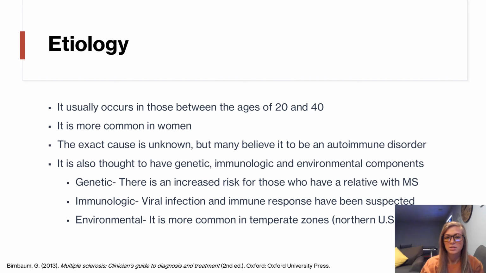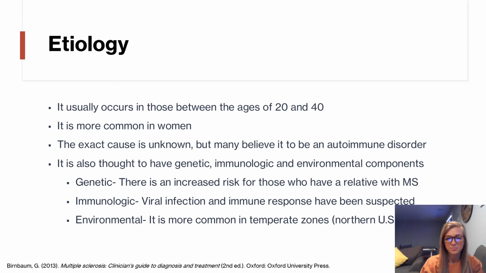MS is most common in those between the ages of 20 and 40. It's also found to be more common in women. The exact cause is unknown, but like I said before, many believe it to be an autoimmune disorder. It's also thought to have genetic, immunologic, and environmental components because there is increased risk for those who have a relative with MS. So some believe it to be genetic because it seems to be passed on from parents to children.